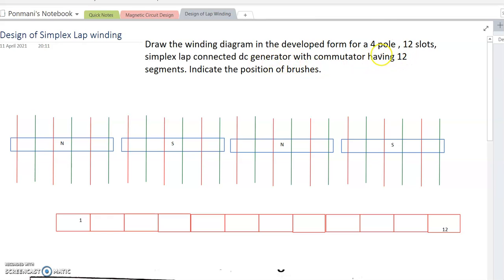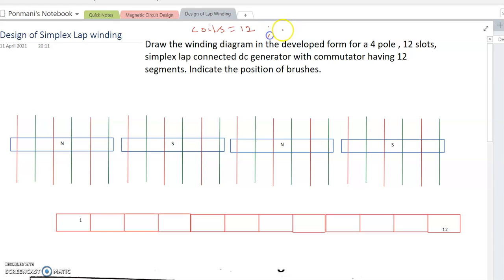In a DC machine, two things you have to note down here. The number of commutator segments will be equal to the number of coils, and the number of brushes will be equal to the number of poles. So I will write it here. In a DC machine, the coils here will be equal to 12, because the number of coils is the number of commutator segments.